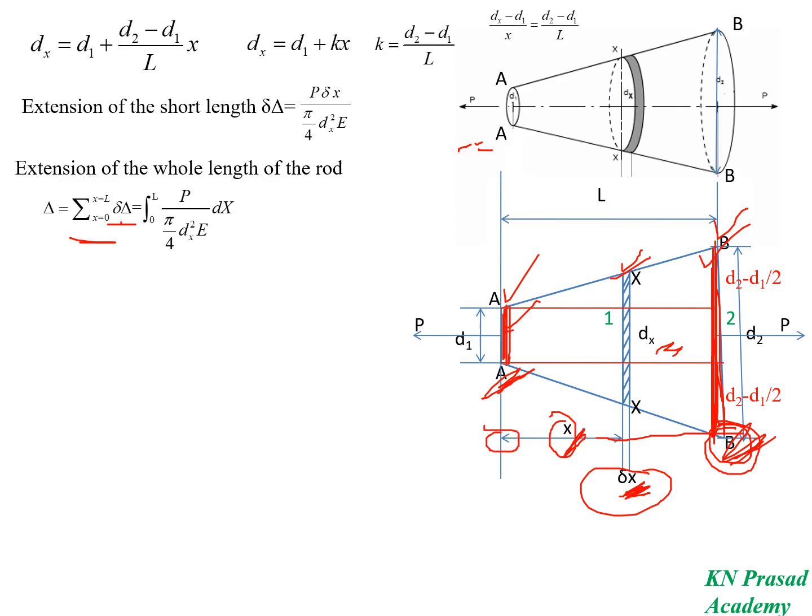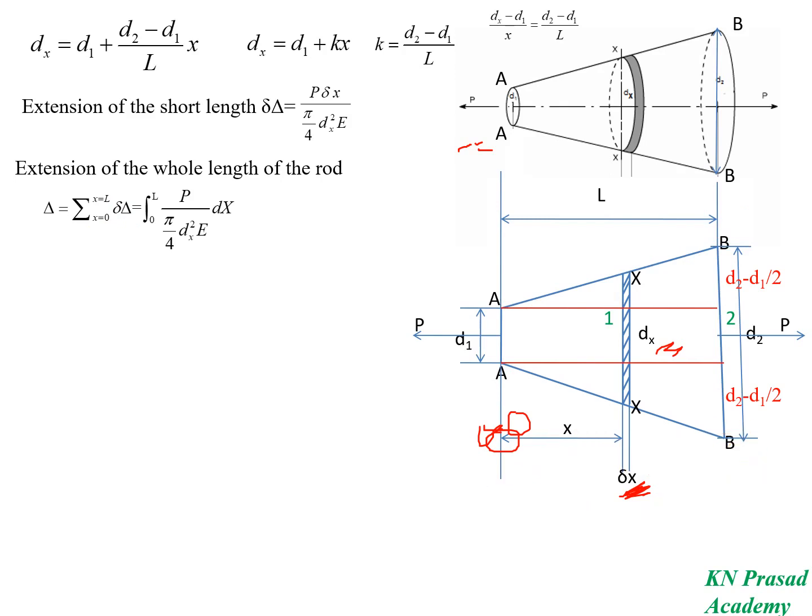Now we have to add the deformation of the smaller sections from the starting of the bar to the end of the bar, that is x equal to 0 to x equal to L. So delta equals the summation from x equal to 0 to x equal to L of dou delta, and we know the dou delta value: P dou x divided by pi by 4 dx square into E. Same thing we substitute here.